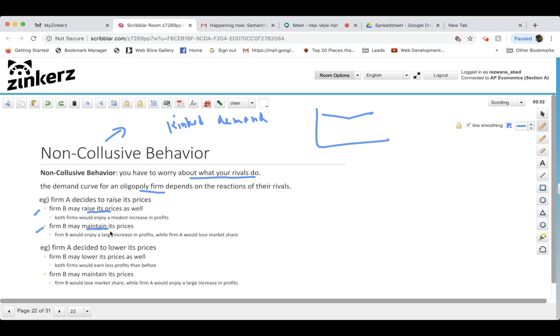If they both raise their prices, they would both enjoy a modest increase in profit, because now the price is higher, so of course their total revenue is going to be higher.